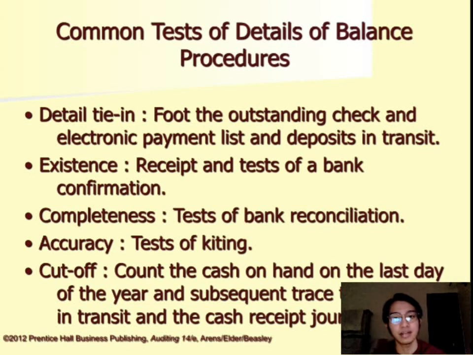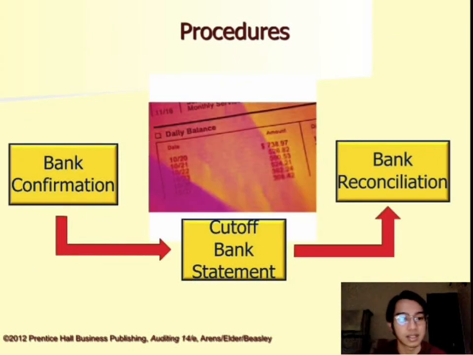Okay, next slide is for the procedures. There are three procedures in this topic. The first one is the bank confirmations, and then the cut-off bank statement and bank reconciliation. What is a bank confirmation?